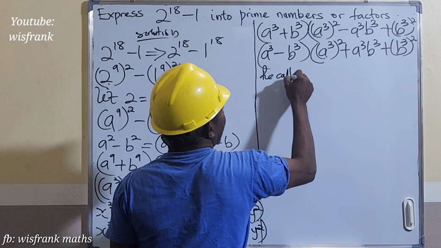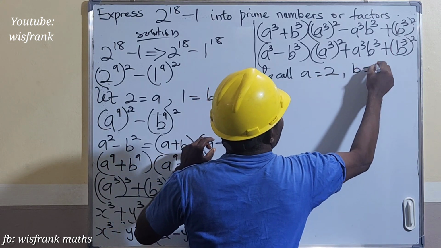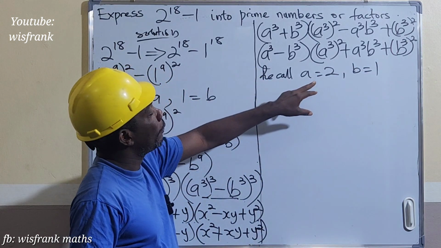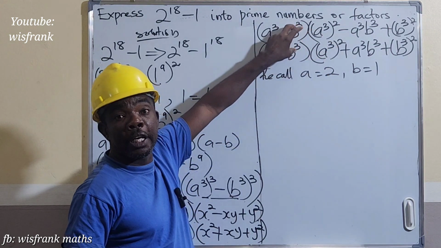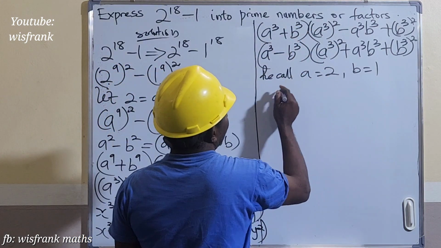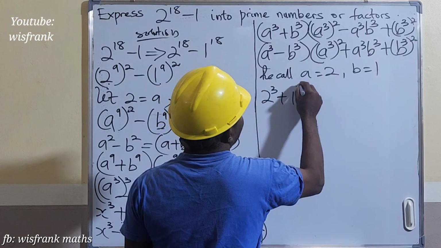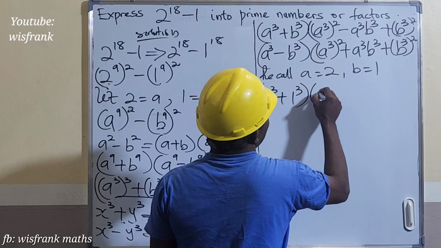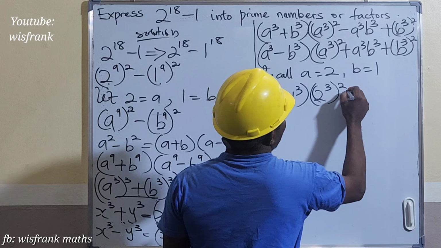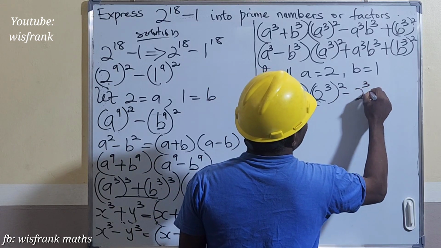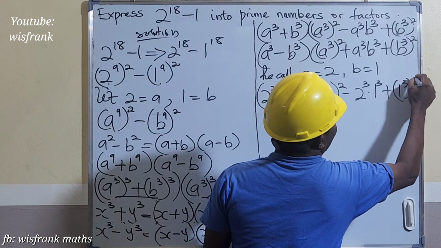So we recall that we said our A equals 2 and our B equals 1. So we are going to substitute the value of A as 2 and the value of B as 1 into this illustration. So for the first line, we have 2 to the power of 3 plus 1 to the power of 3, then into 2 to the power of 3 all to the power of 2, then minus 2 to the power of 3 times 1 to the power of 3, then 1 to the power of 3 all to the power of 2.